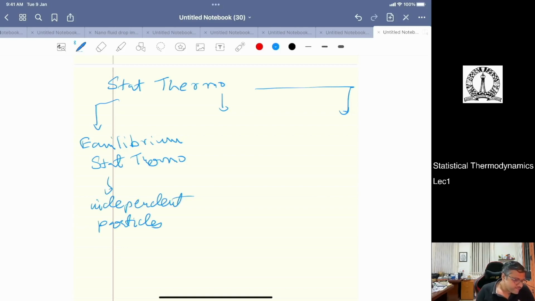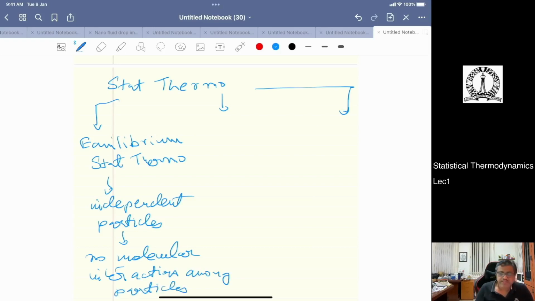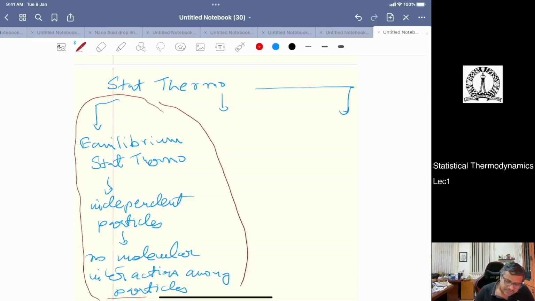By independent particles we mean that there is no molecular interaction between the particles of interest. So this is equilibrium stat thermo.